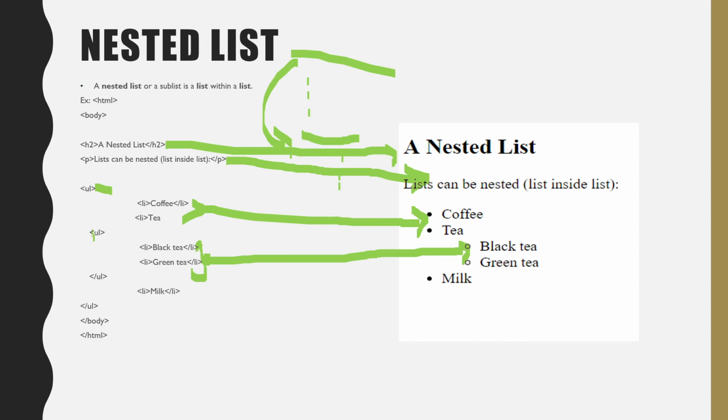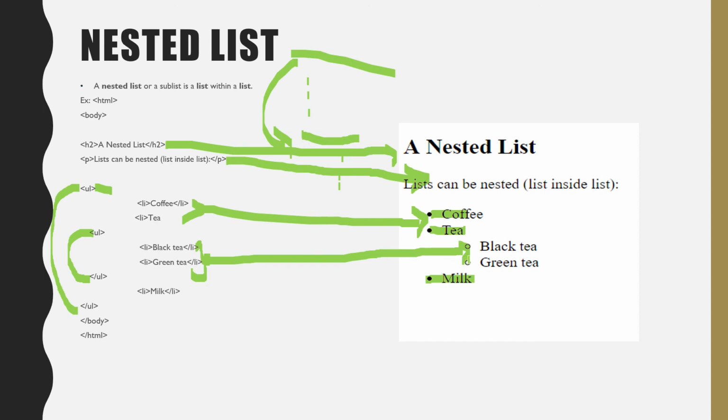I have closed this unordered list here, and then after that, within the outer one, I have defined one more list item, that is milk. That is why these three, coffee, tea and milk, have the same bullets, and this one is different. Within the coffee list there are two types, first coffee and second tea.